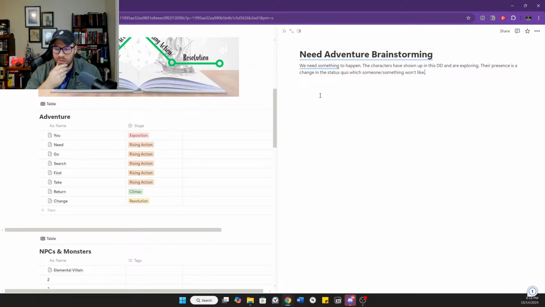And so integrating a faction or two into this, probably better to have both of those factions integrated into this, is a good way to kind of get them on stage, to show that they exist, and do some world building while we get the characters kind of wrapped up in what it is that the story will eventually be about, or the adventure will, or the campaign will eventually be about.